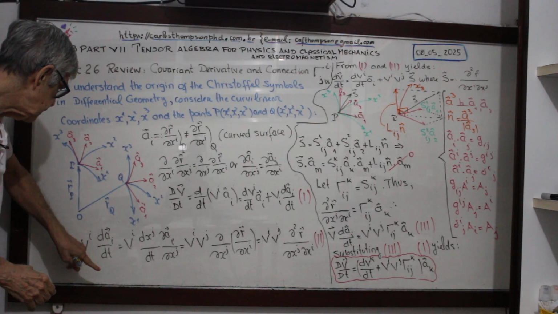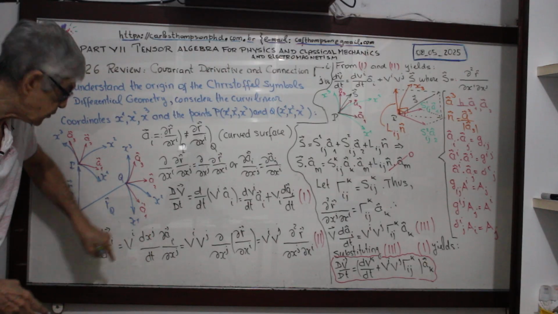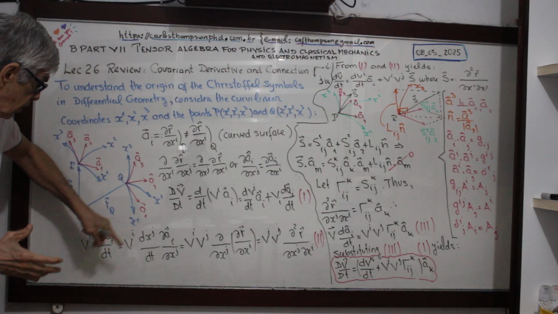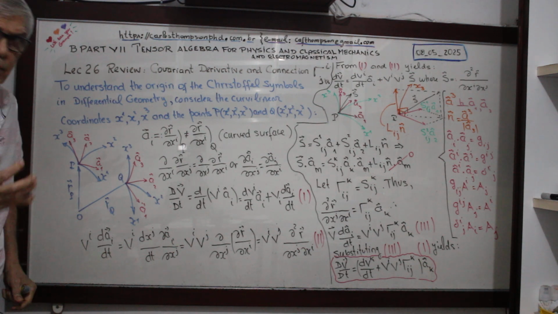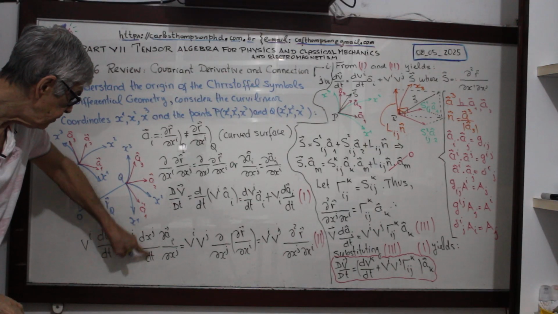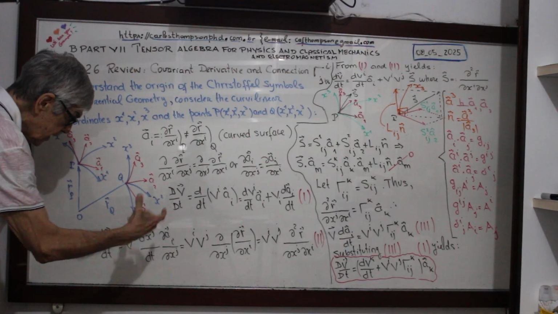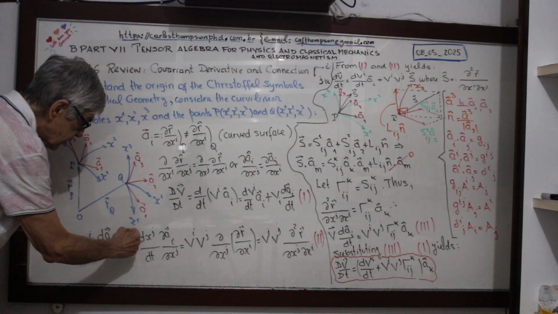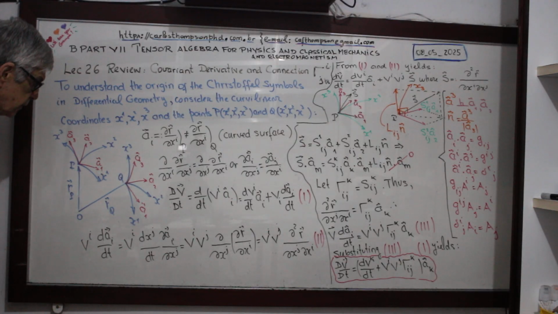Okay, this is multiplied by v^i. Now this is a chain rule, because x is a function of the parameter t, or parameter lambda in general. So dx^j/dt times the partial with respect to x^j, you can see this as you cancel here and reproduce the left hand side.